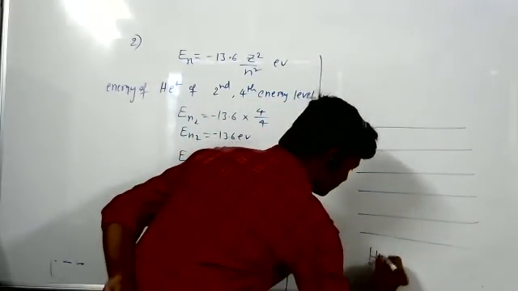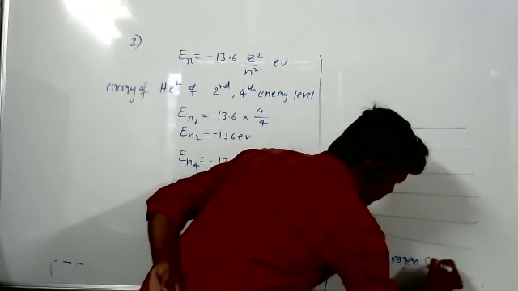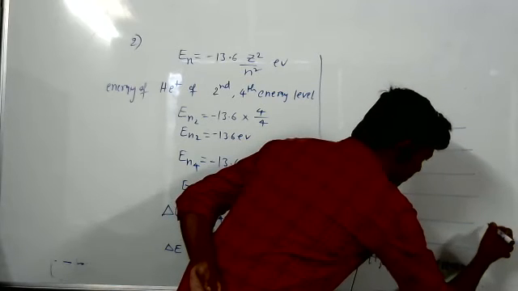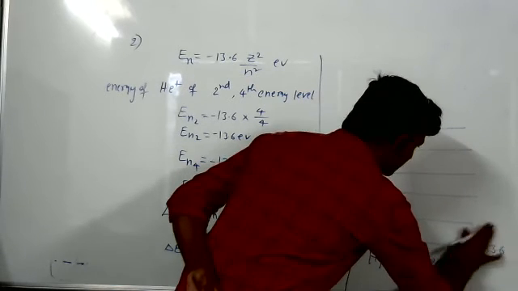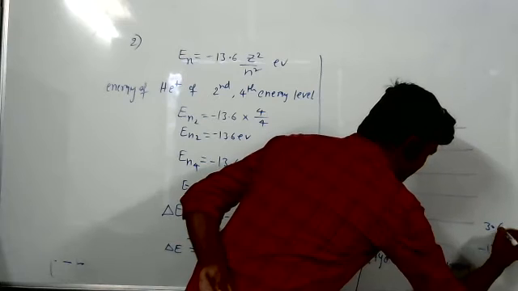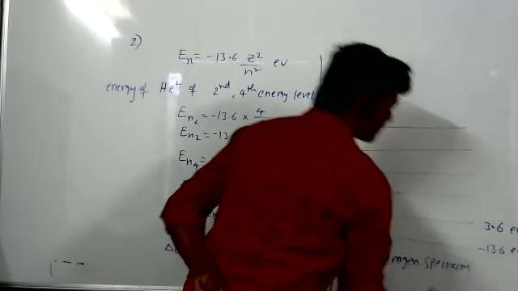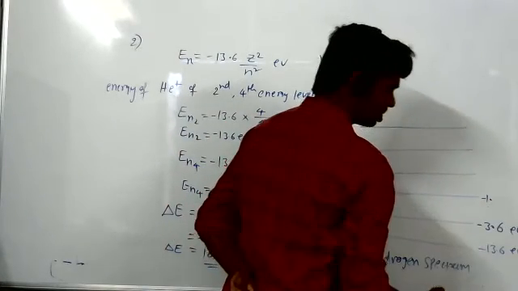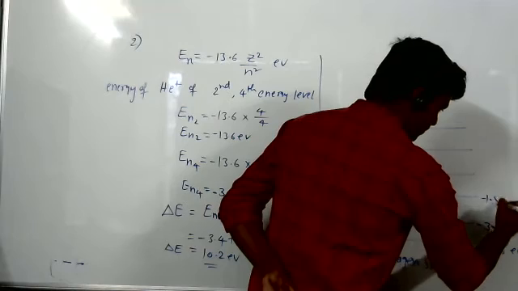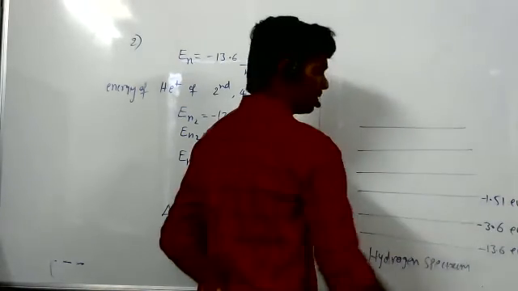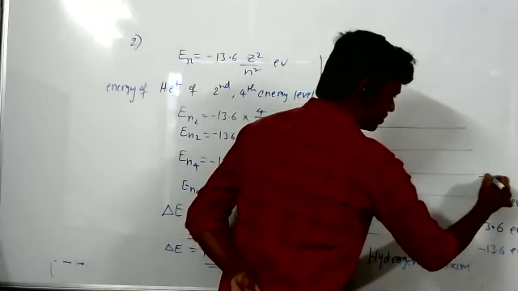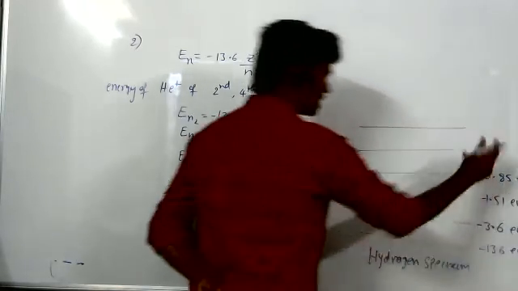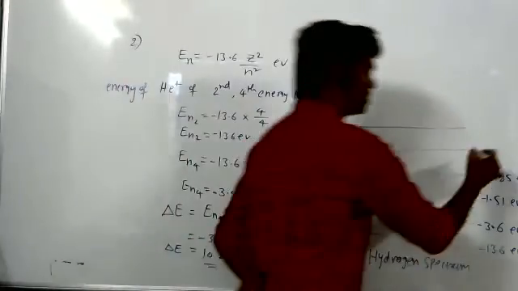So for the hydrogen spectrum, n1 is minus 13.6, n2 is minus 3.4 electron volt, then minus 1.51, then minus 0.85, next minus 0.54.